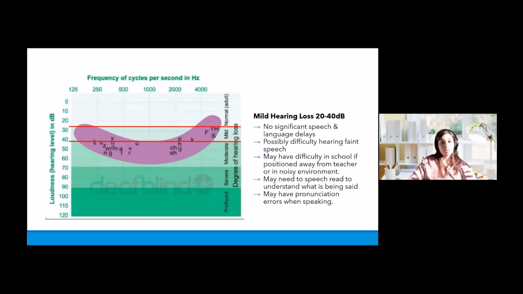So children in this bracket are very good at not letting on that they have a hearing loss, and then it can actually go missed for a while, and likely they are going to have pronunciation issues. So when you have the kind of 40 dB loss here, you're going to have issues with F's, TH's, S's, K's, P's, and a few of the lower frequency sounds.